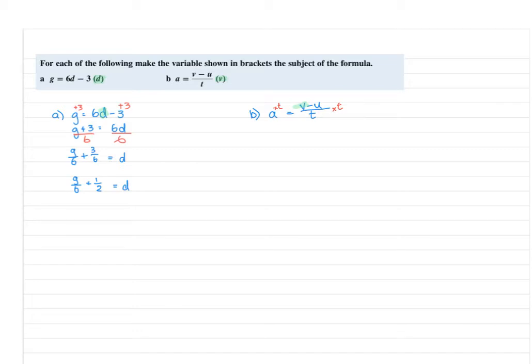That leaves me with AT equals V minus U. I want V by itself, so I'm going to add U on both sides of the equation, which means AT plus U is equal to V.